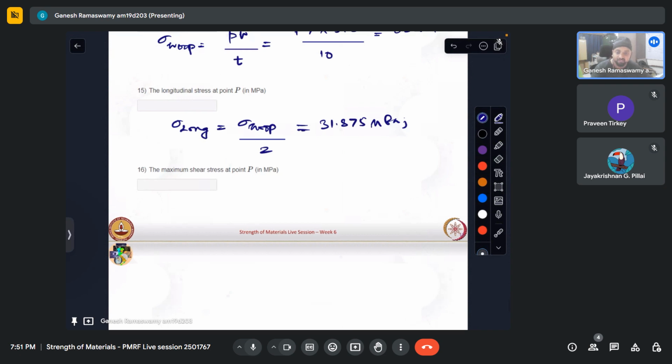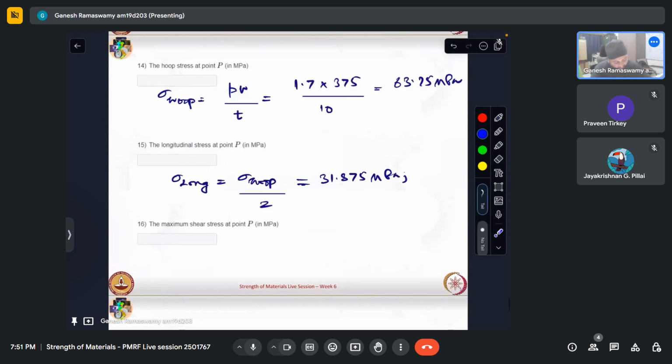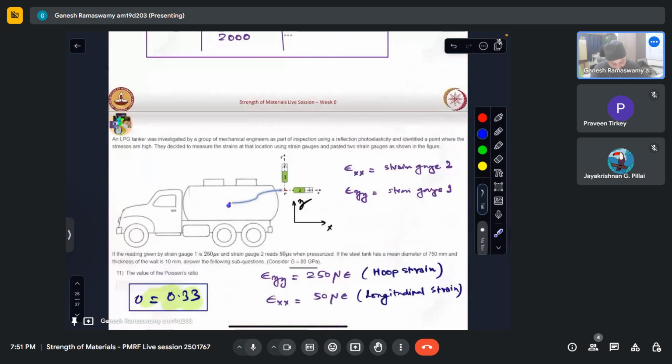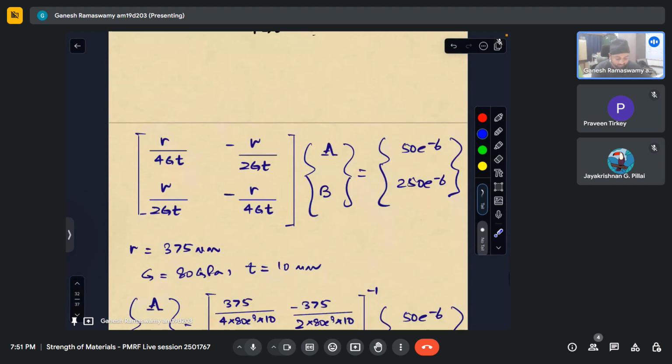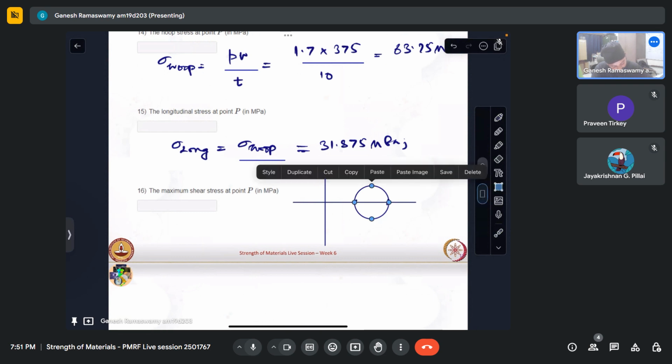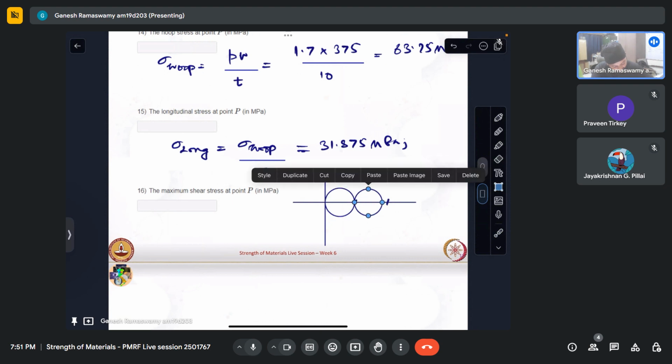So we know that in this case, because of the symmetry of the problem, there are no shear stresses, in which case my hoop and longitudinal stresses are my principal stresses. So for this problem, if I draw the Mohr circle, I have 63 here, I have 31 here. So let me draw one more circle as this. The other one is like that. Actually, it will also be a little bit smaller. And the third one will be enveloping these two.